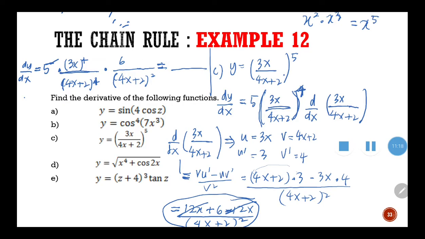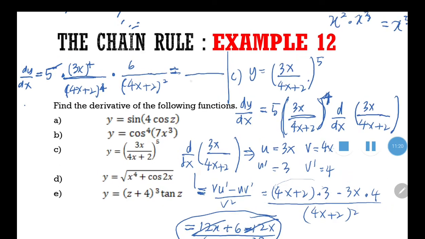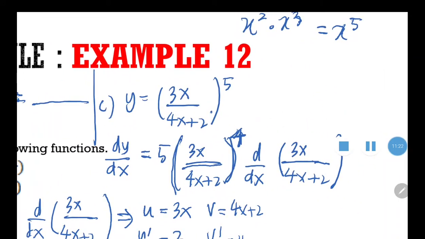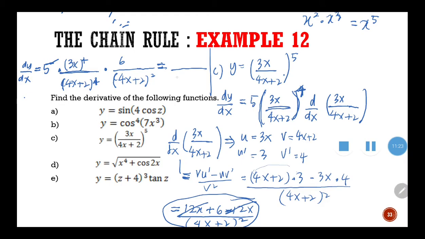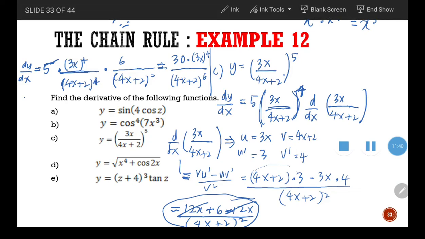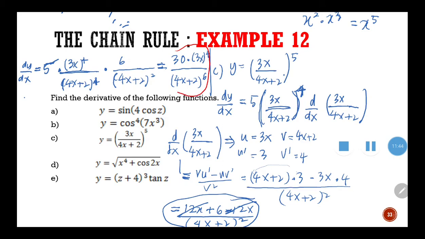So, x power of 5. So for this one, it becomes 4x plus 2 power of 6. And then for this, 5 times 6 gives 30 times with 3x power of 4. Okay, so this is our final answer. This is our answer, our final answer.